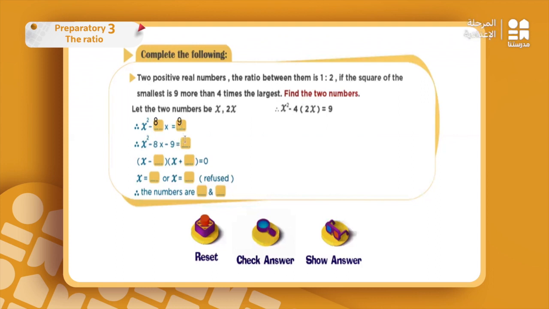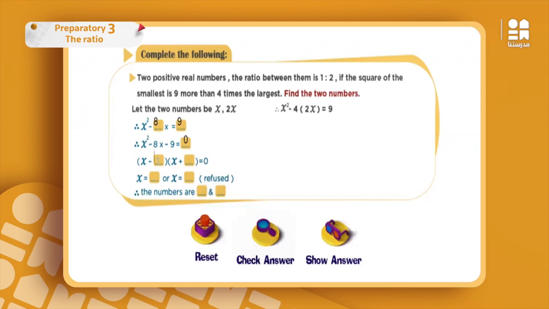And let's make it in one side. x squared minus 8x minus 9 is equal to 0. After that, we will factorize the left-hand side. So we have x and x, one negative and one positive.